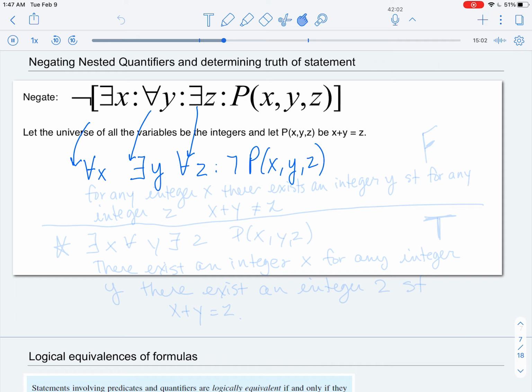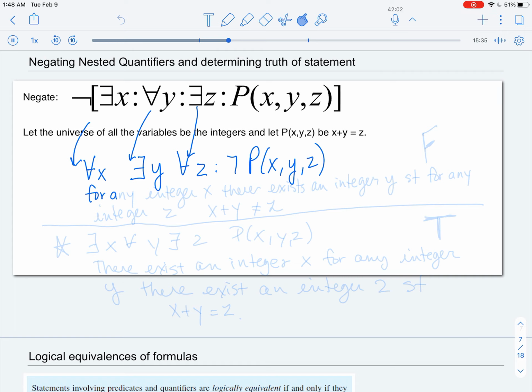Okay, so it's saying that for any x, there exists a y such that for any z, x plus y does not equal z. So for any integer x, there exists an integer y such that x plus y does not equal z for any integer z. So let me just write that out. So this is the negation.